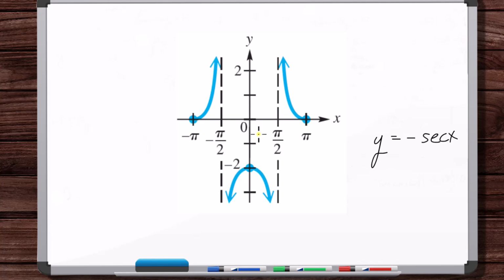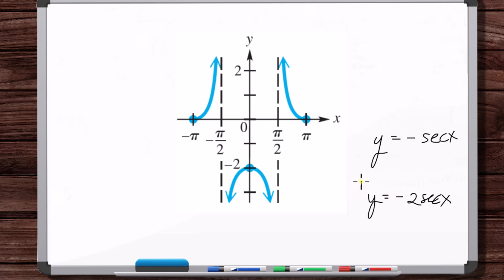We're going from minus pi to pi, 2 pi, so the period hasn't changed. Now, looking at this position, this is normally 1 or minus 1. It's minus 2, so we want to scale the y coordinate by a factor of 2.